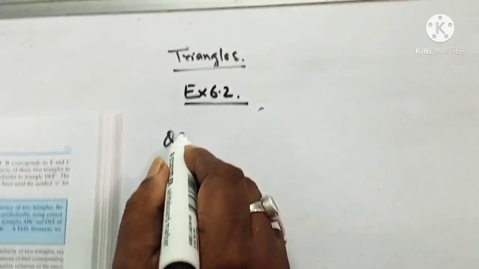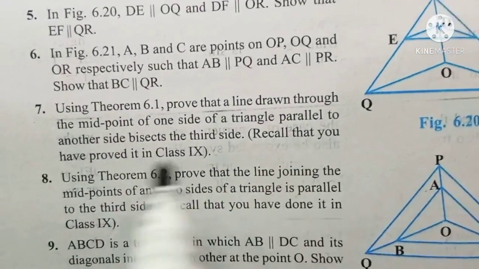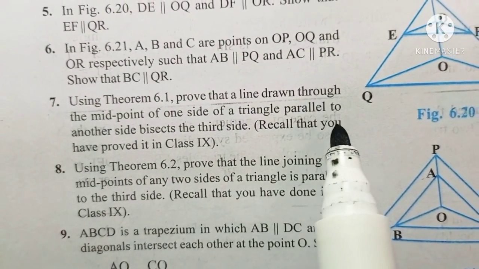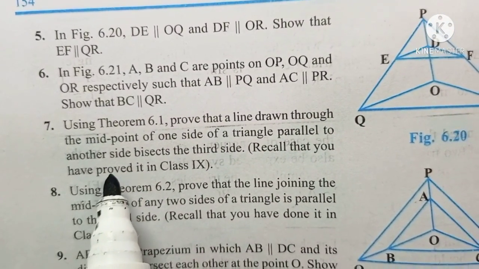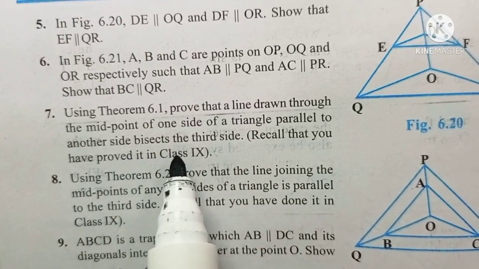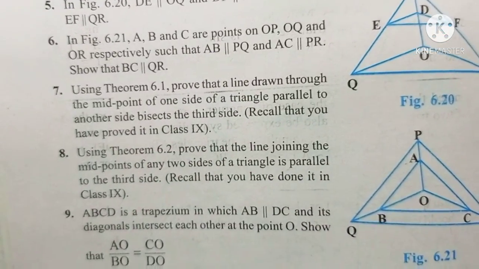This is proved. So my next question is question number 7. Using theorem 6.1, prove that the line drawn through the midpoint of one side of a triangle parallel to another side bisects the third side.